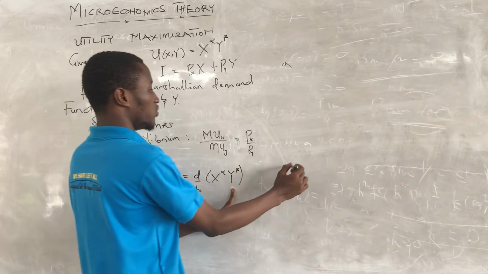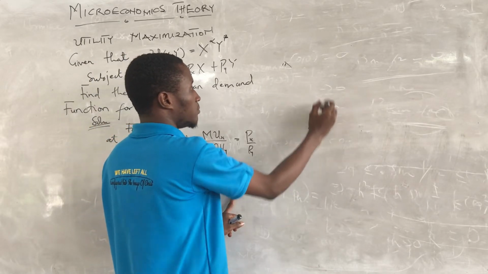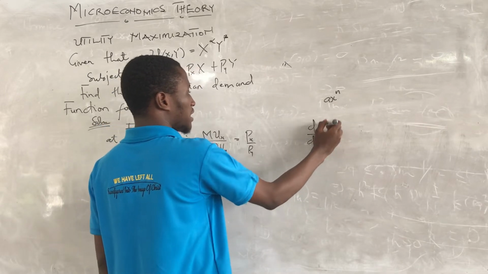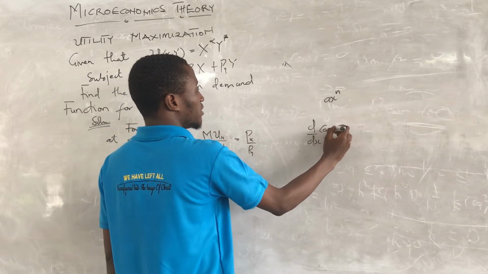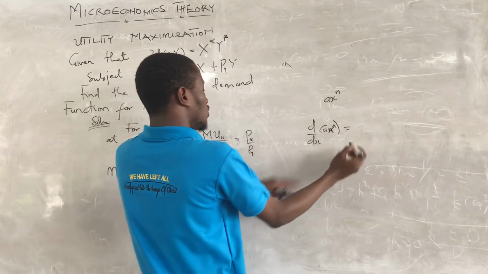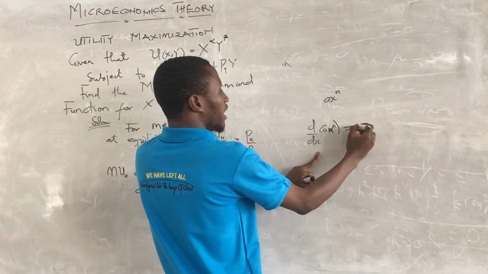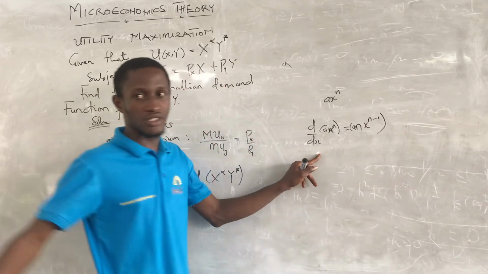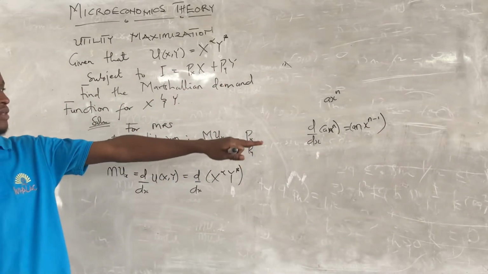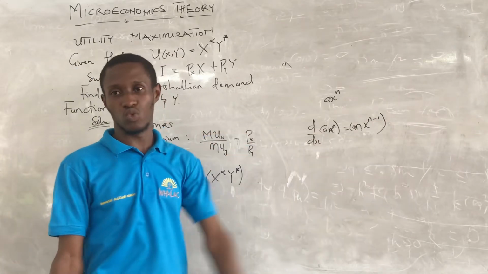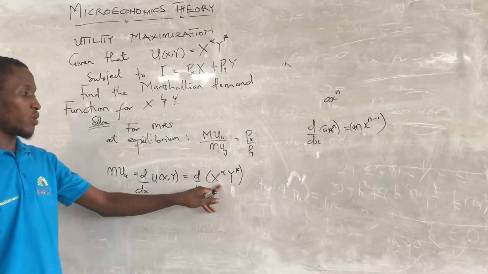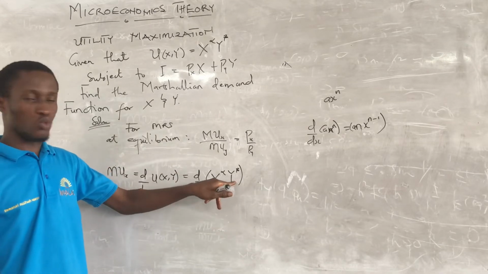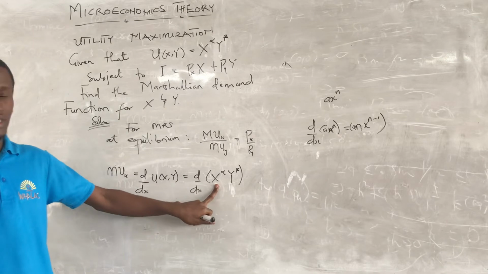By differentiation, we know that when I have something like ax^n, the differential of ax^n with respect to x gives me anx^(n-1). I multiply the coefficient by the exponent, then subtract 1 from the exponent. With this one, y is held as constant, so we will not differentiate with respect to y, but with respect to x.